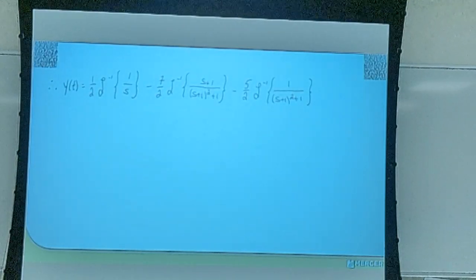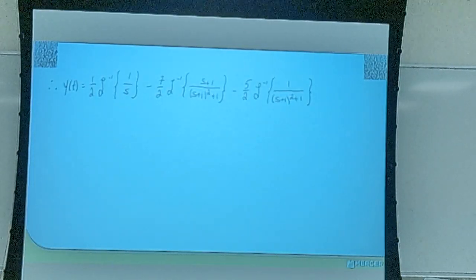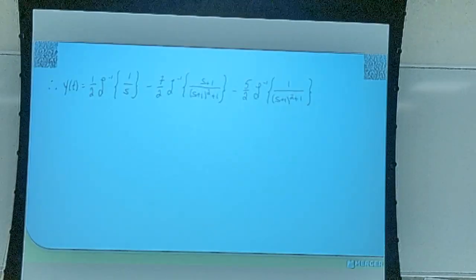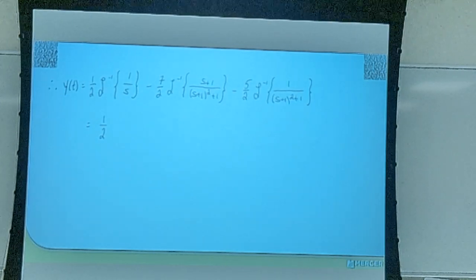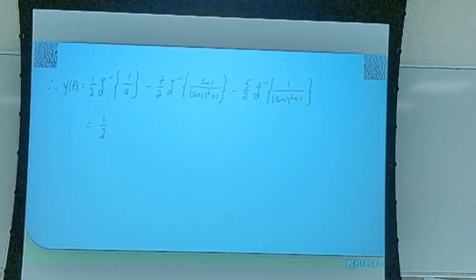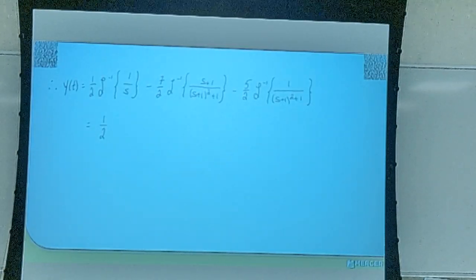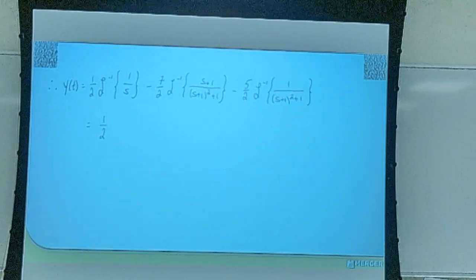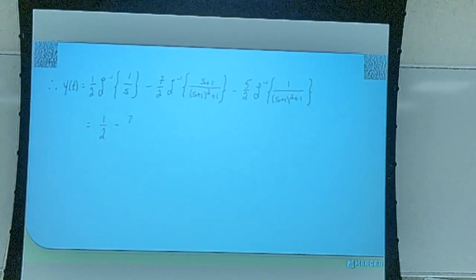What's the inverse transform of 1 over s? 1. What is the inverse transform of s plus 1 over s plus 1 squared plus 1? e to the negative t cosine t.